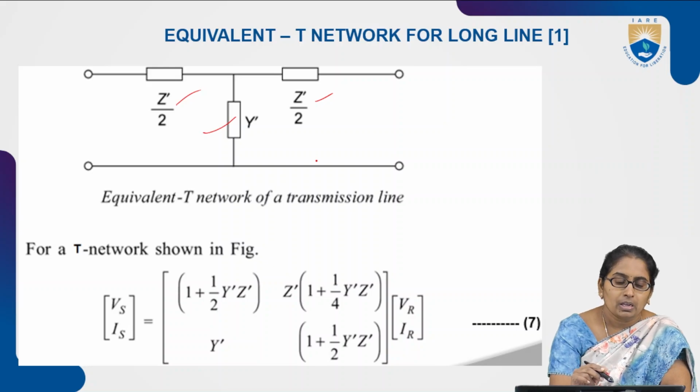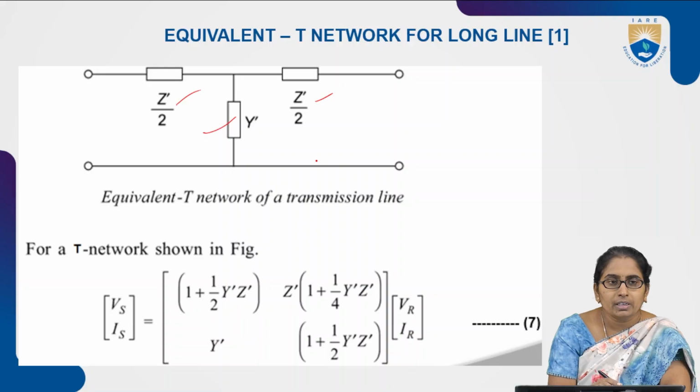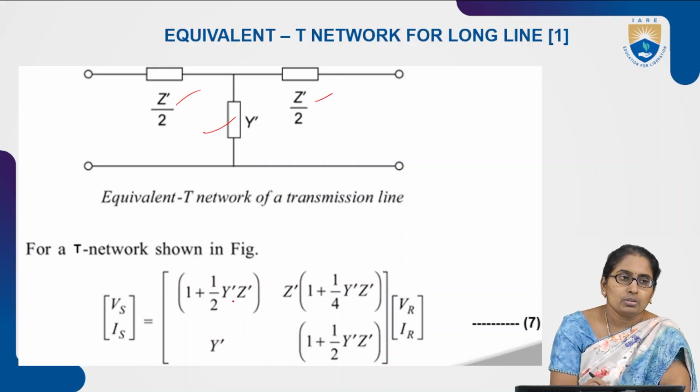Now, we need to recollect for the T network the two equations of Vs and Is. As we know, A and D are the same as the pi network, that is 1 plus YZ by 2. Only the B and C values are changed.